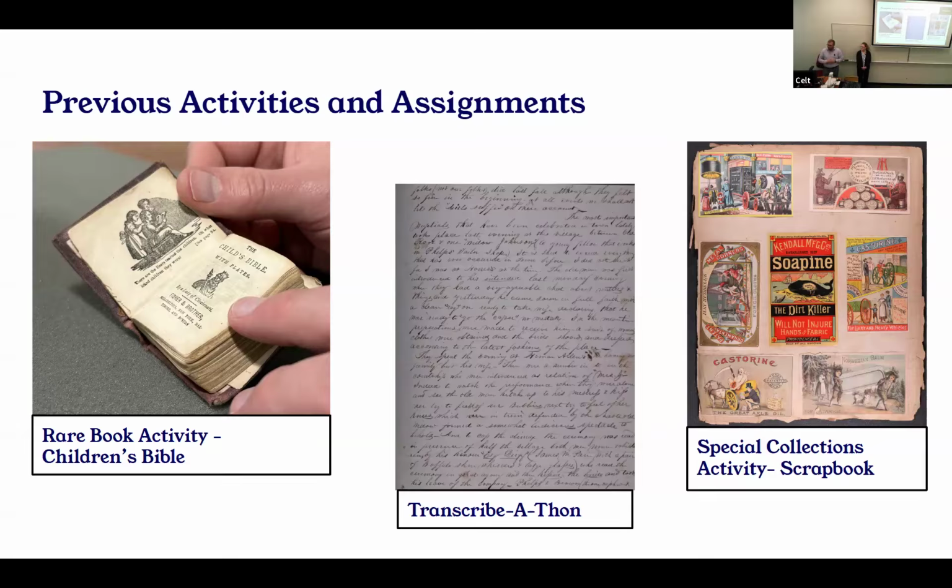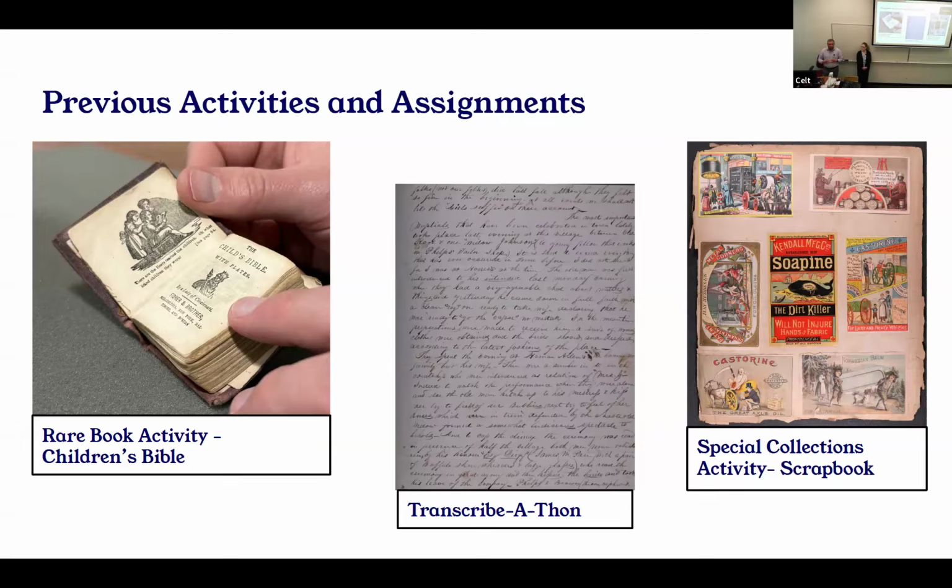On the right side, we have our special collections activity, which was using a scrapbook that we have. In that case, it was working with an art and design class to have students select a set number of objects and then group them together in the ways that they want to produce something as a catalog of sorts, and provide some description as to why these things are being grouped together.